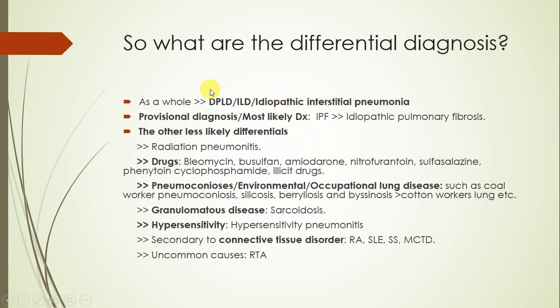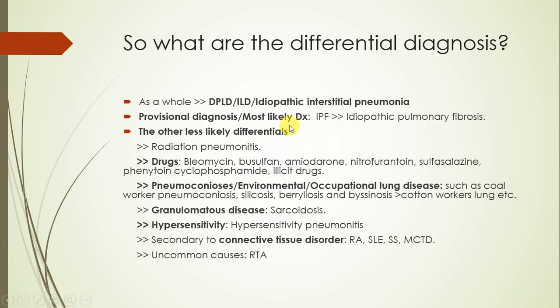They are all almost the same things, but having different names. But I think ILD or idiopathic interstitial pneumonia are better terms. They are easier and more specific because there is damage in the interstitium. There is inflammation in the interstitium leading to pulmonary fibrosis due to many reasons.